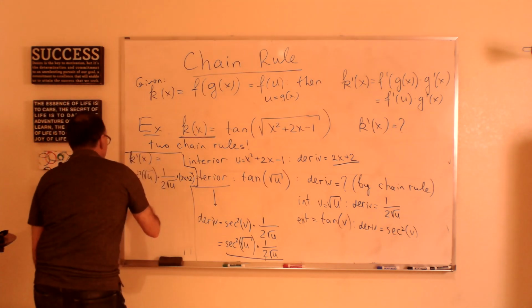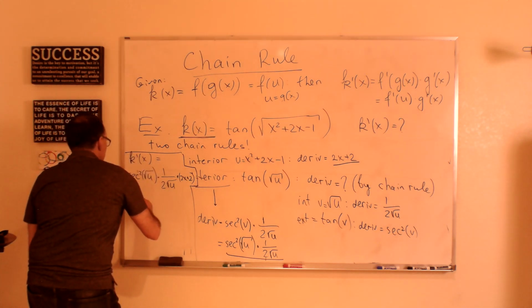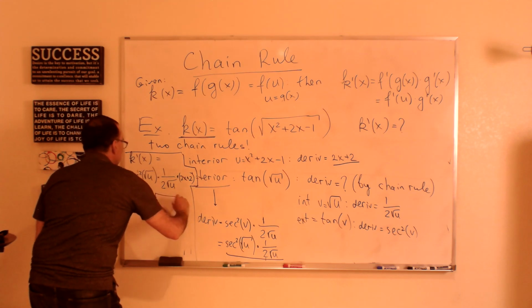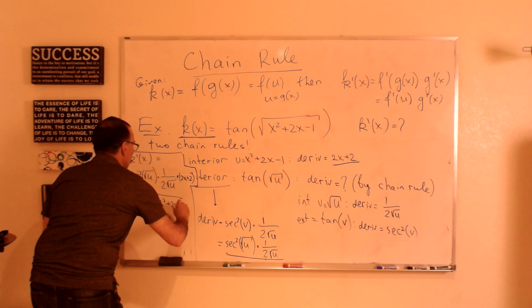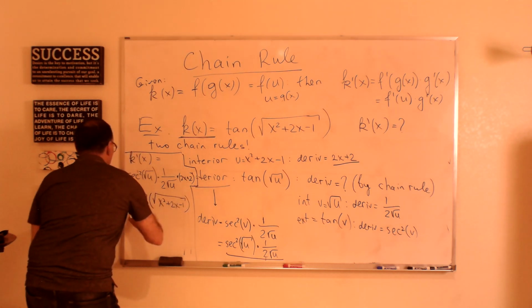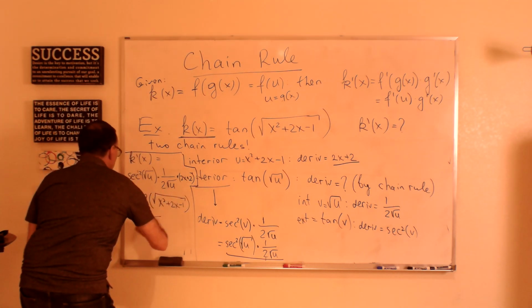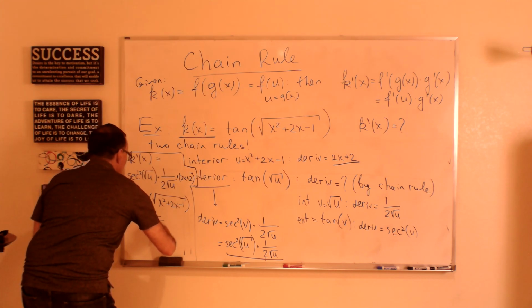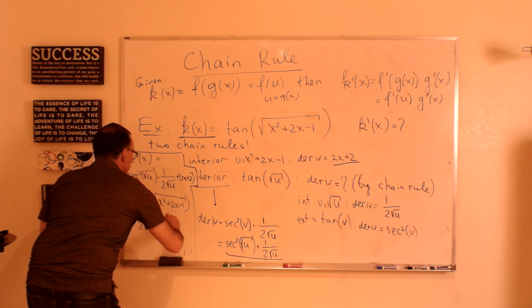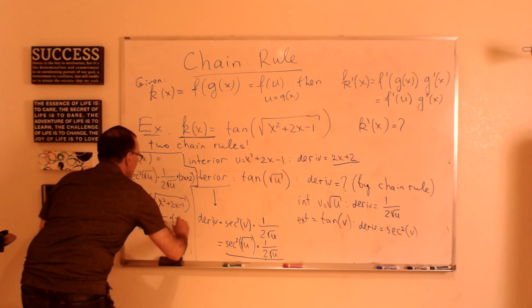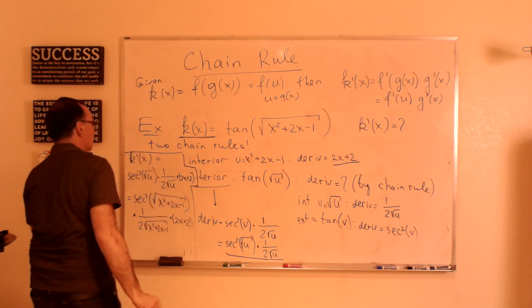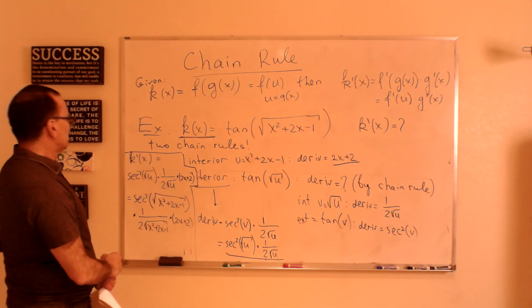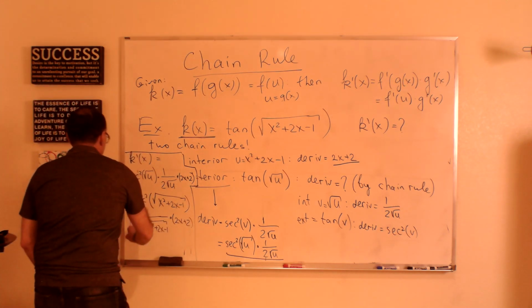So it ends up being the following. It equals secant squared of square root of x squared plus 2x minus 1 times 1 over 2 square root of x squared plus 2x minus 1, and finally times this 2x plus 2. So this is the answer.